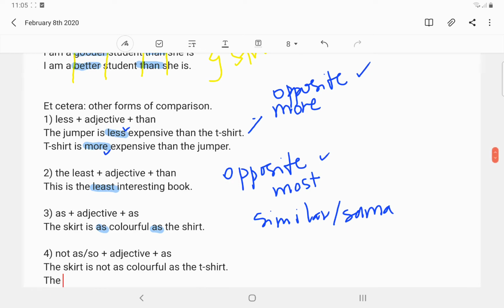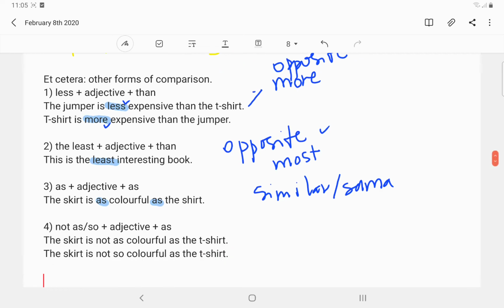Ataupun the skirt is not so colourful as the t-shirt. Bunyi macam sama tapi dia ada perbezaan sikit. And I'm going to explain to you how these two sentences are different. But before that, I want to highlight first. So this is not as, this is not so. So yang ini opposite, yang ini opposite, yang ini sama, yang ini adalah tidak sama.